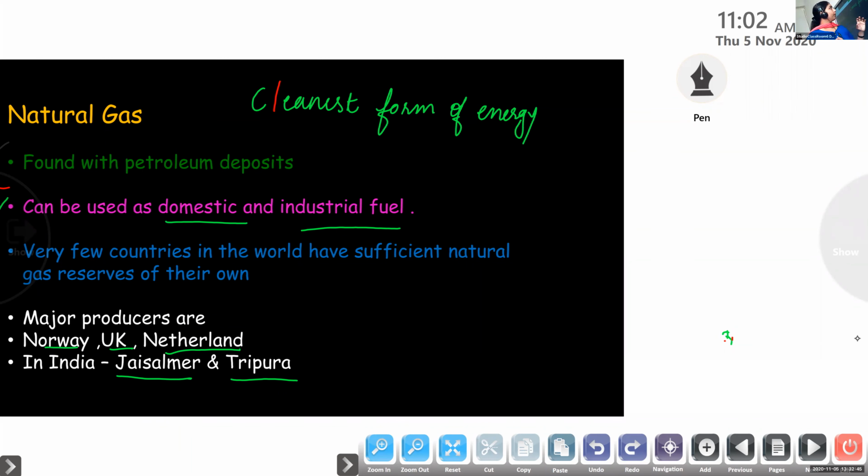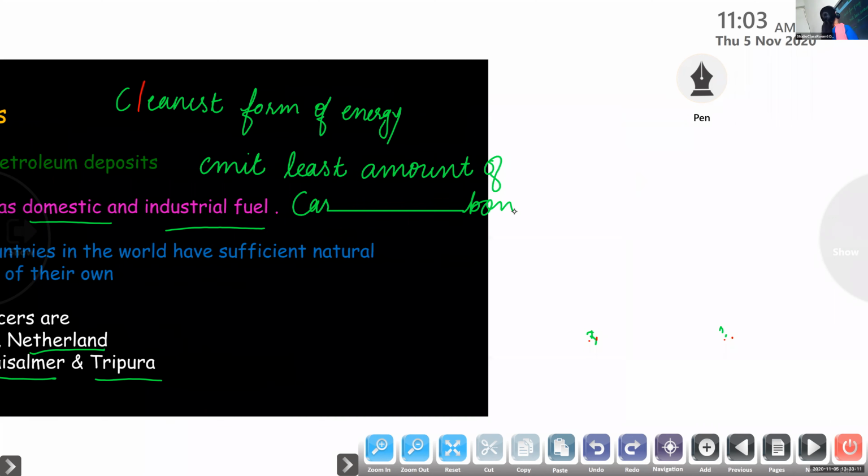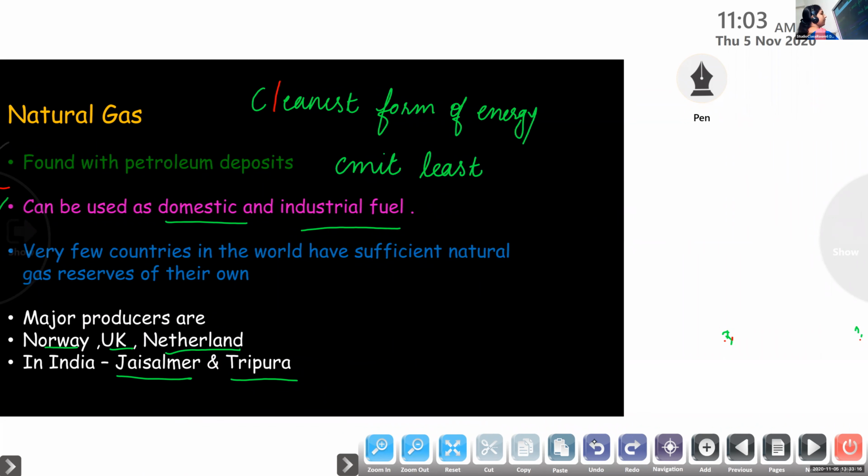And what makes it different from other fossil fuels? It emits the least amount of carbon dioxide into the air.